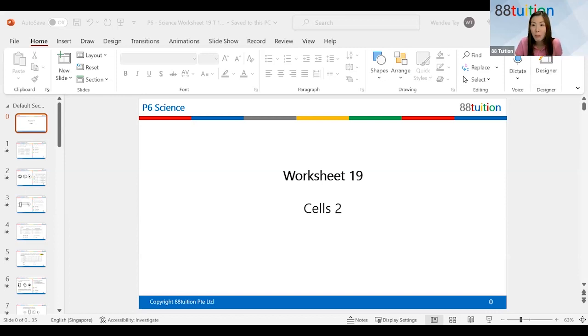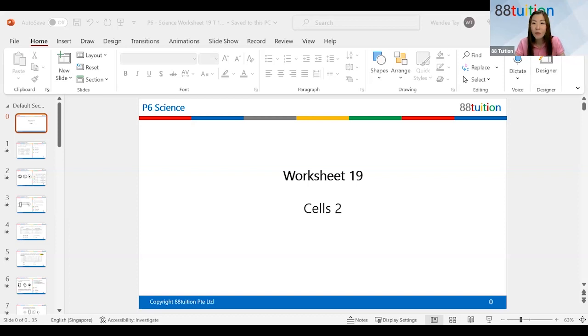Okay, I'm a bit surprised when that was mentioned to me. I had opened the questions for cells as well. Oh, okay, that's good. Because this is not entirely a topic that is not useful. Whatever you learn now in school is actually the very basic foundation. When you go on to secondary school, you are going to learn more about this.